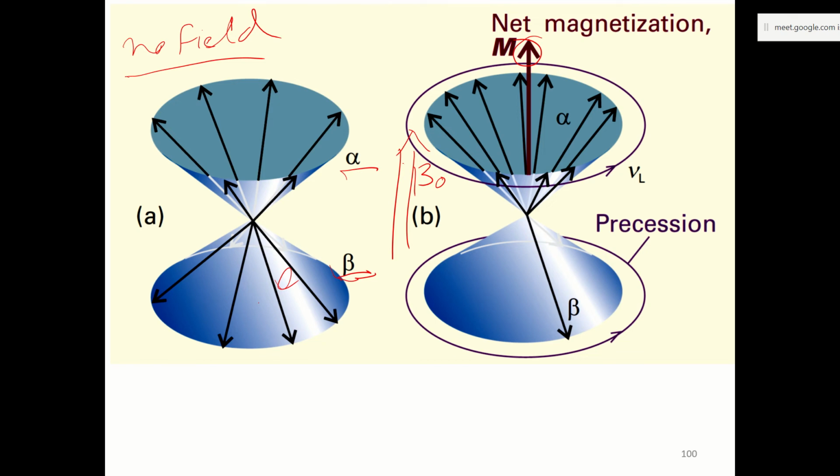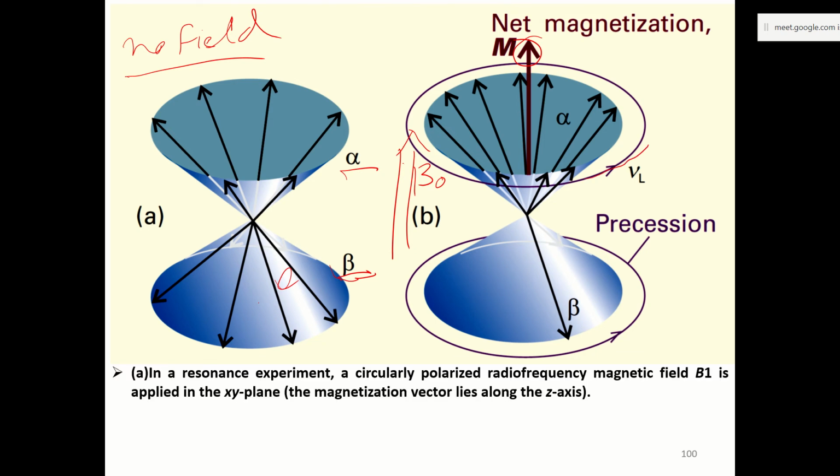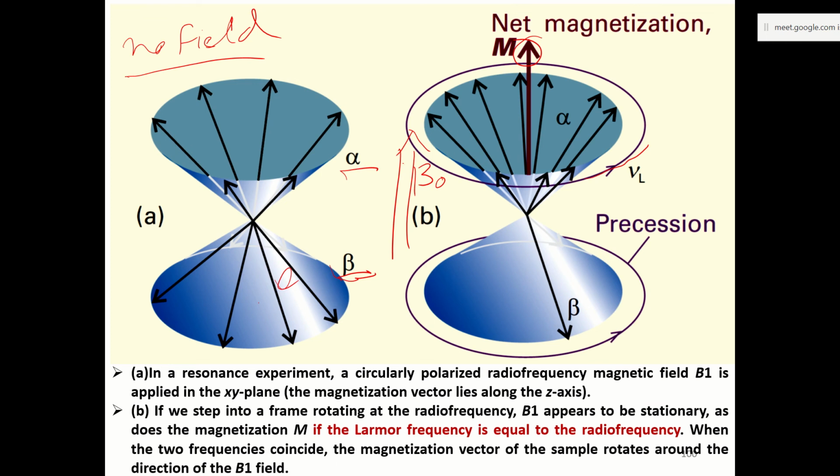It will start moving along the cone, this cone that has been shown, this upper circle that you are seeing. So that is a precessional motion that sets up, and the radio frequency that we are going to apply is rotating at the same frequency.